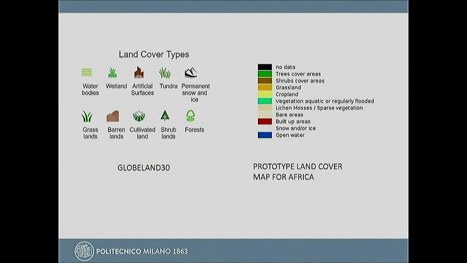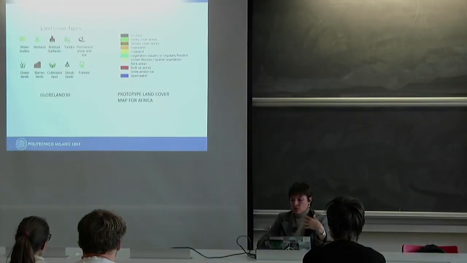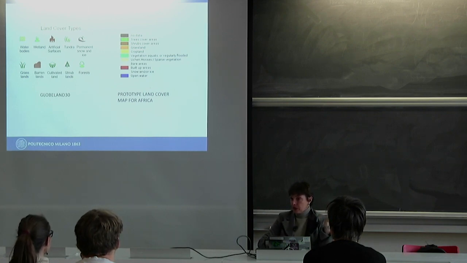Okay, let us consider the classes. Luckily, in this case, we have that the classes are more or less the same. So you can see that in case of GlobeLand30, we have these 10 land cover types, and they are more or less the same land cover types that we have for the prototype for Africa.